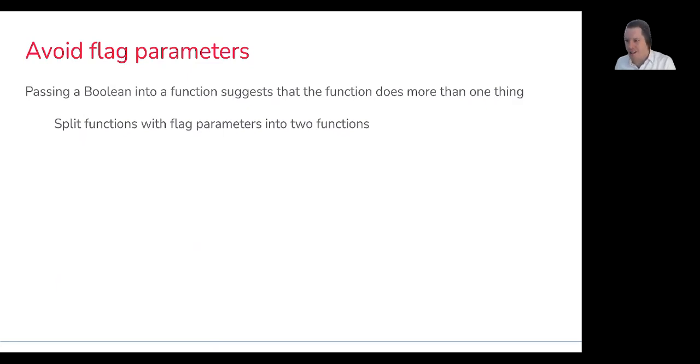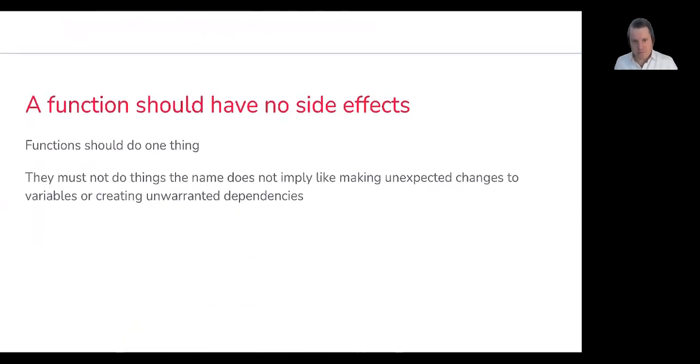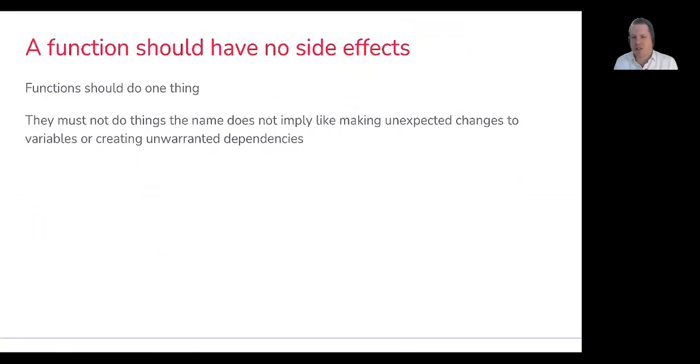If you want to test functions that have flag parameters, you now have two different scenarios to consider. Whereas if you had split this into two functions, you'd essentially be testing them independently of one another, which is advisable.